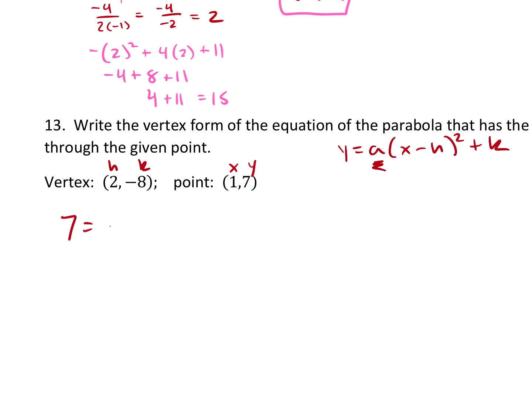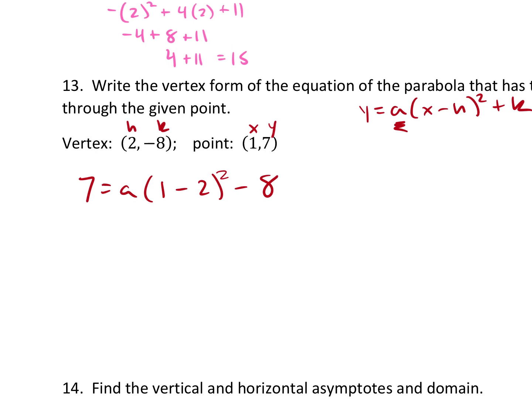So I have y is equal to a times 1 minus 2 squared minus 8. So we're solving for a now. I need to figure out what my a is to plug in my a, h, and k.